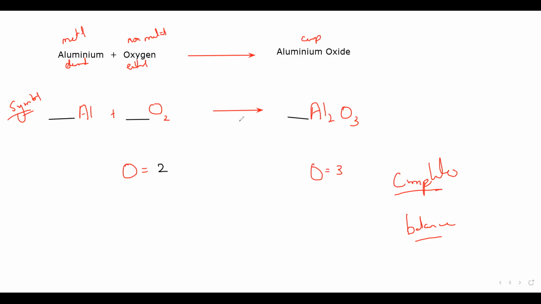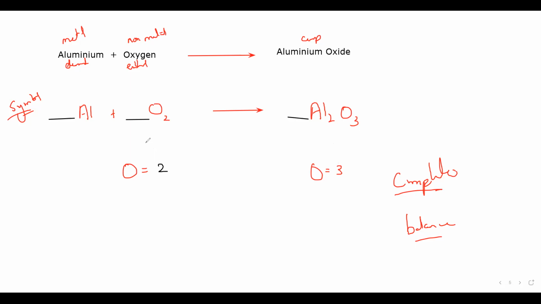Okay. Now how to make them the same? Because on the right hand side I have 3 oxygen, on the left hand side I have 2 oxygen. Where we have a smaller number, that side we try to balance.